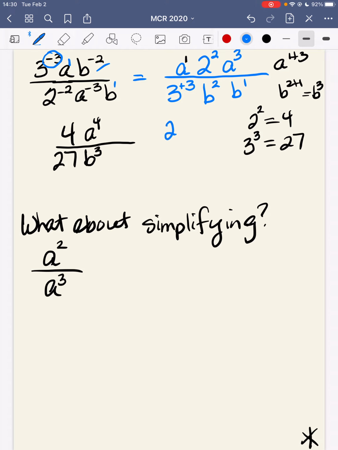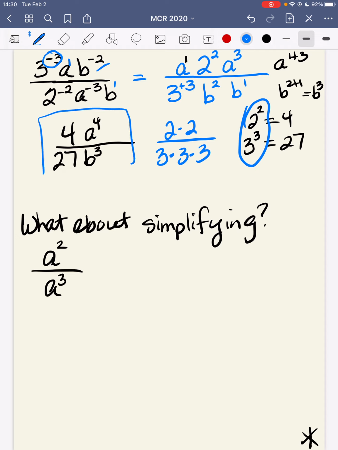If 4 is 2 times 2, and 27 is 3 times 3 times 3, which is what these mean, right? These are all prime factors, and none of them are alike, so nothing is going to cancel. All right, so this is in its simplest form.